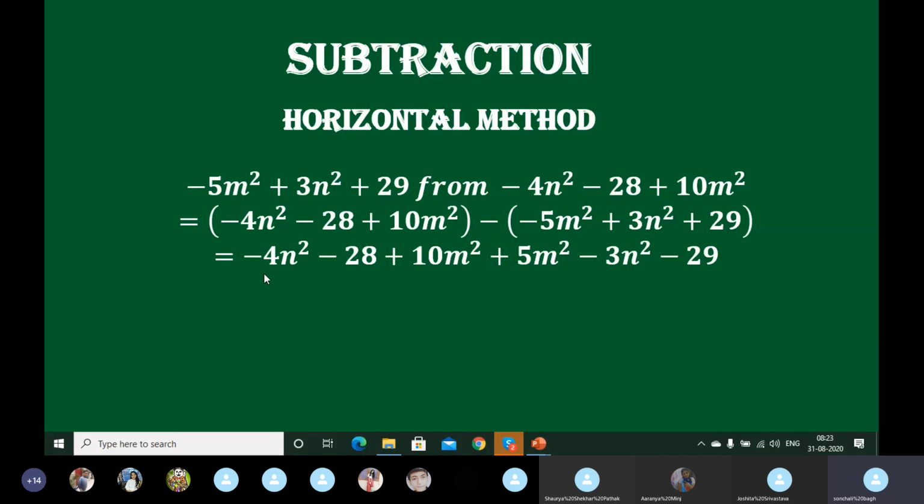Now, you can see all the terms are similar to what we did just now in case of addition. So can anyone add the numbers for me? Just now we did it. Okay, pair it up in the like terms only. Who will pair it up in the form of like terms, what we did just now?